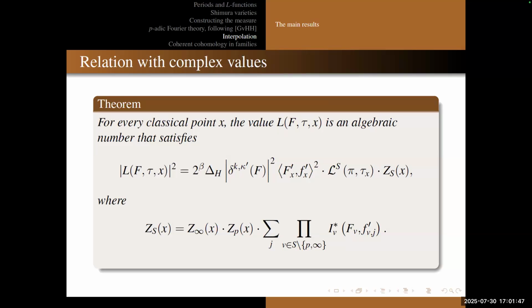It's an algebraic number in some field of definition of the automorphic representation. Let me back up on motivic L functions. The conjecture of Deligne for motivic L functions works with motives with coefficients in a number field, and for each complex embedding of this number field, you get a different L function.